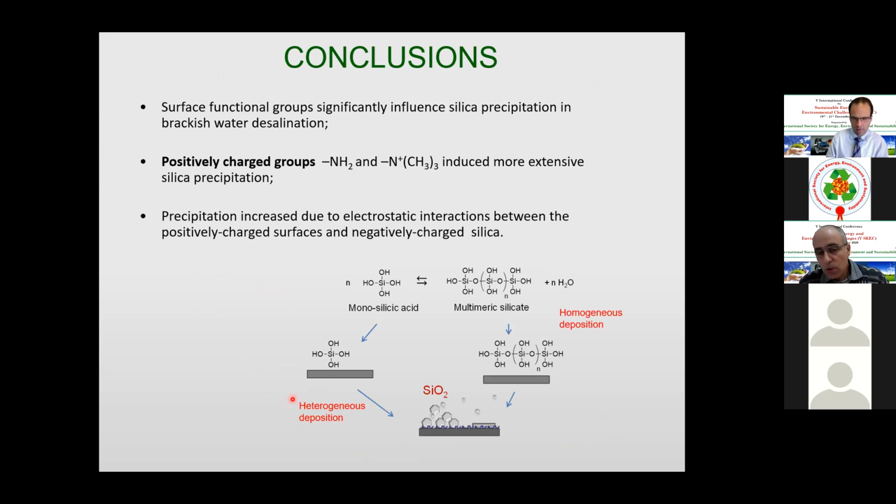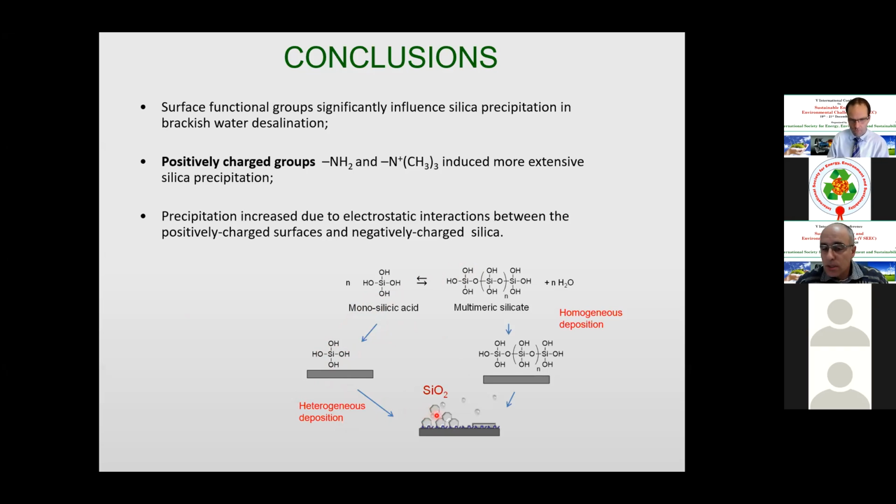Now, if we look at these schematics, on the left-hand side, the heterogeneous deposition, we have the monomeric silica, which is neutral. Then it binds to the surface, and we have the precipitation process here.